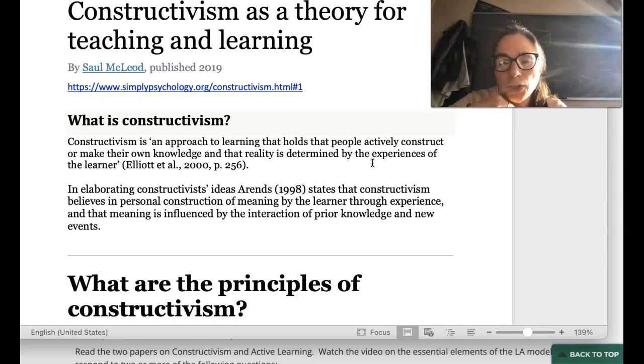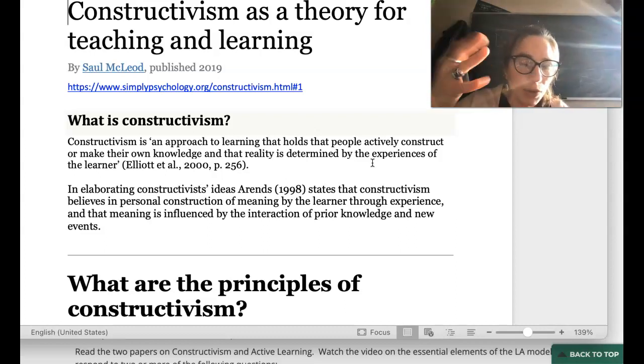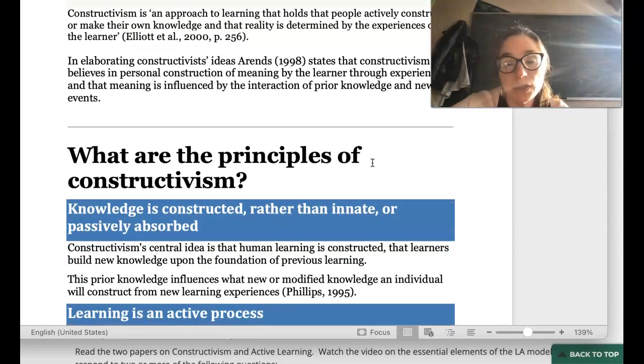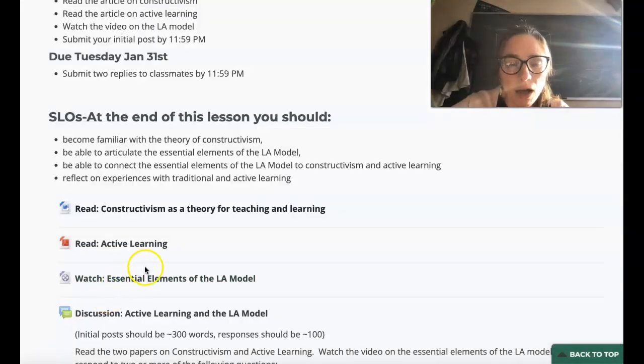It's from an online psychology organization that tries to take some of these more complicated topics and really break them down into their essential principles. And we're going to look at the key hallmarks of the theory of constructivism as a learning theory. The main idea of us building our ideas, of taking what's in the world, and we need to construct our own understandings, hence constructivism.